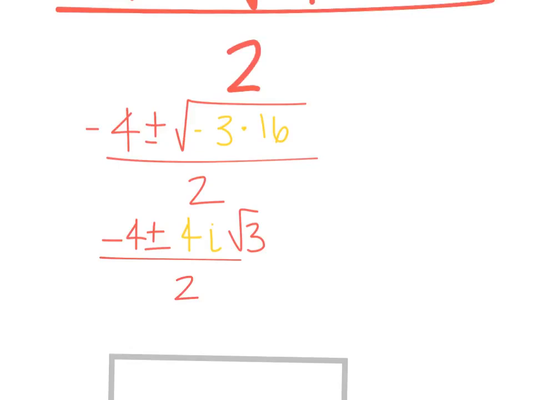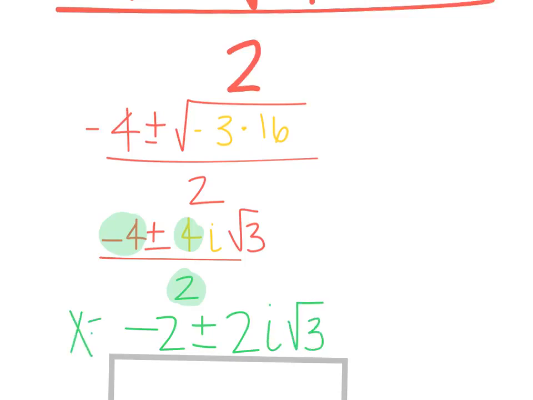Don't worry about that because I'm reducing the part that's attached to it. I look at the 4 and the 2. So can I divide all of those numbers by something? By what? 2. So what's negative 4 divided by 2? So negative 2 plus or minus 4 divided by 2 is 2i square root 3.